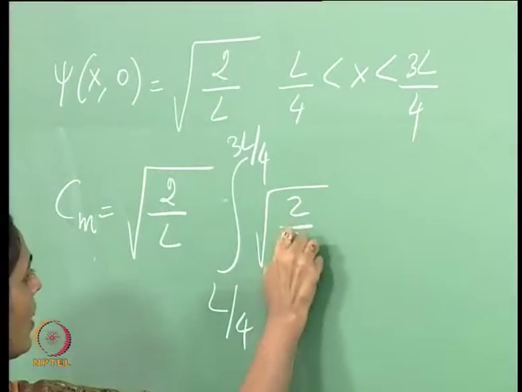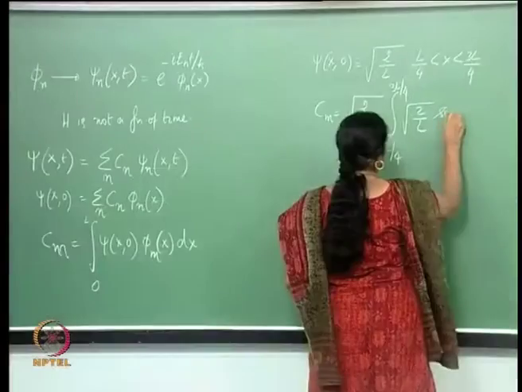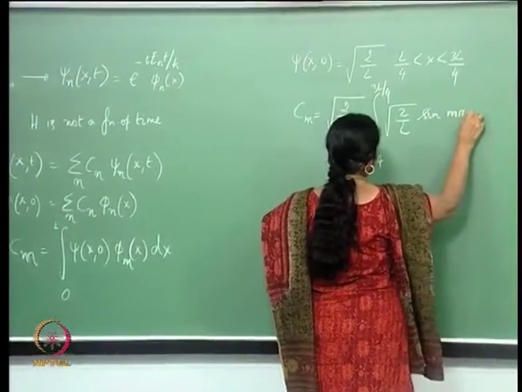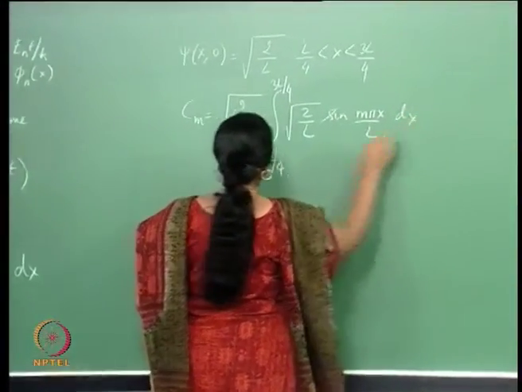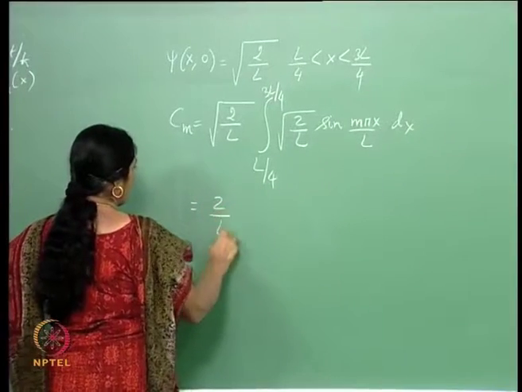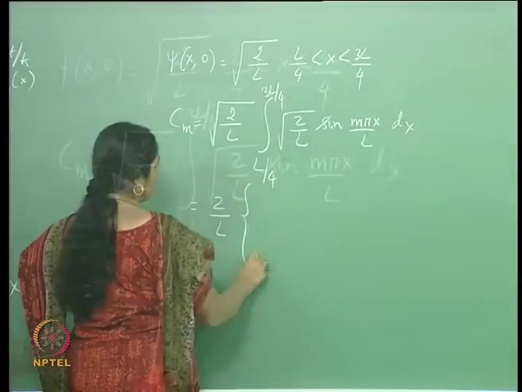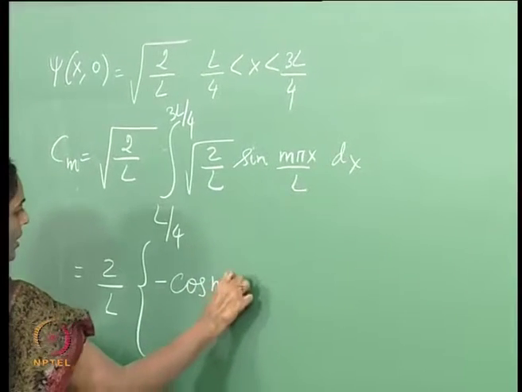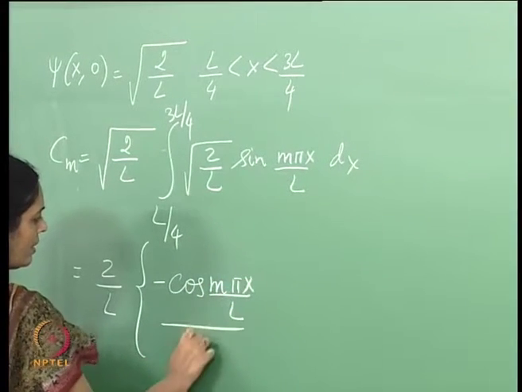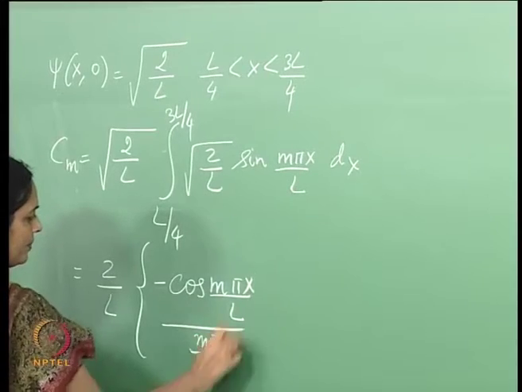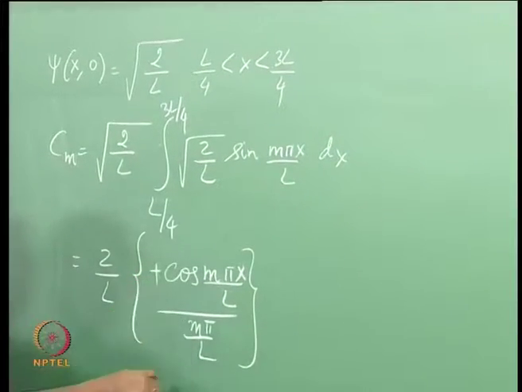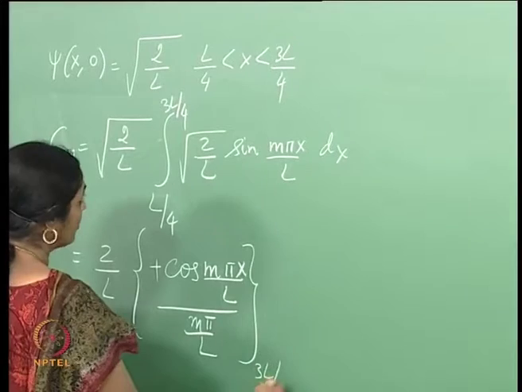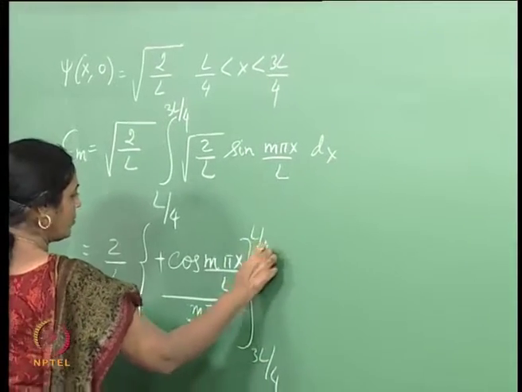That is root of 2 by L again, sine m pi x by L dx, which is 2 by L times minus cos m pi x by L over m pi by L. So, I can always put a plus sign and go from 3L by 4 to L by 4.